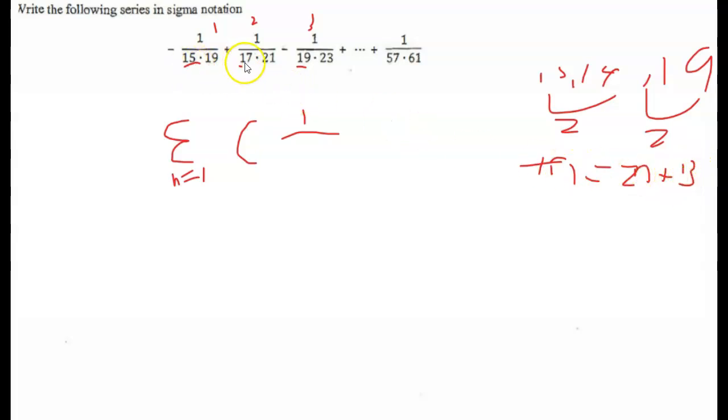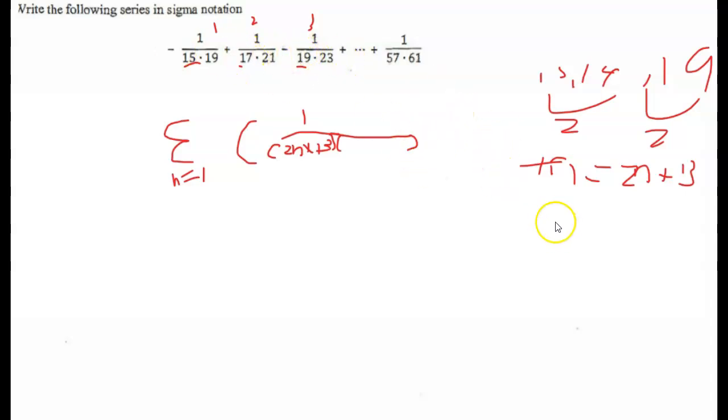So these numbers 15, 17 and 19 can be written as a pattern. In brackets, because we're multiplying this number by this number, 2n plus 13, and then times another bracket, for which we need 19, 21, 23.